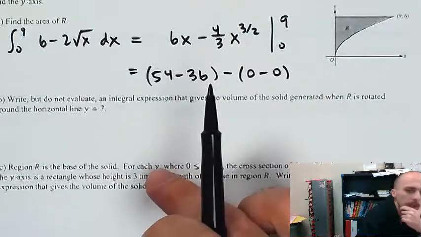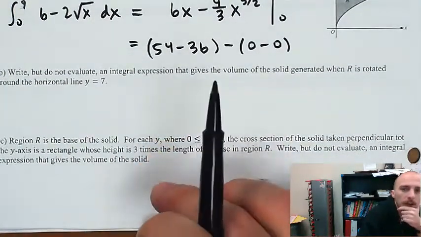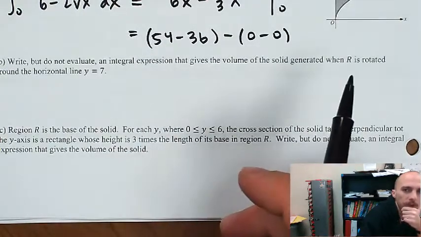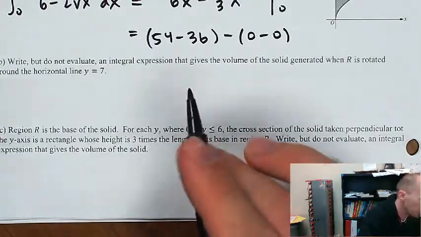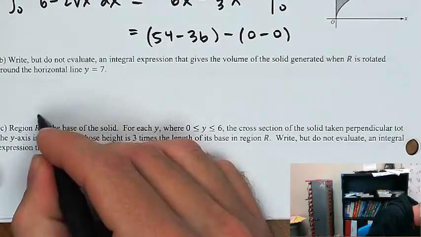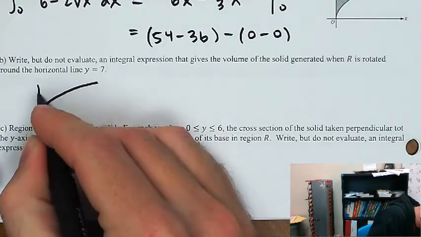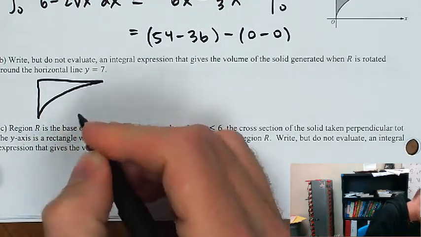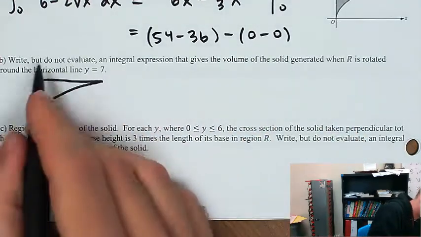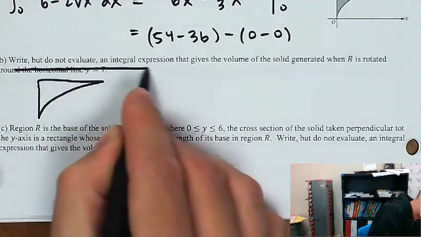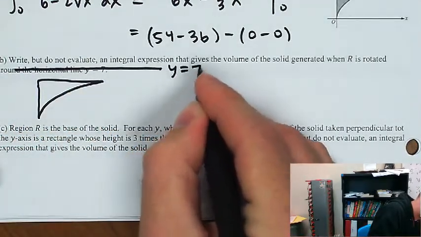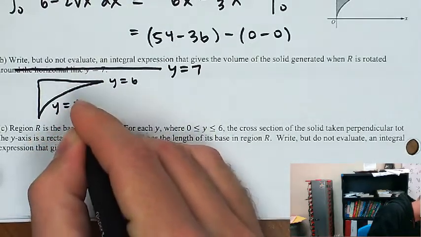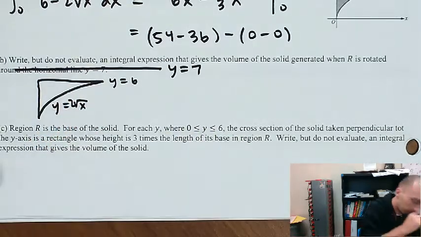Right, but do not evaluate an expression involving an integral expression that gives the volume of the solid generated when R is rotated around y equals 7. All right, and I did not leave room for the axis of rotation, so that's going to be y equals 7, this is y equals 6, and this is y equals 2 square root of x.